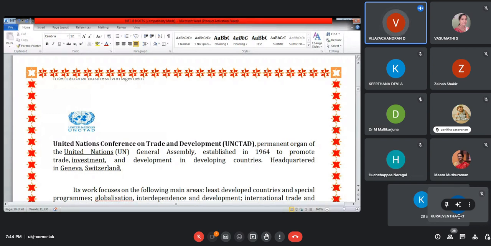Whereas UNCTAD is coming under the United Nations Organization, UNO, but the main purpose is developing countries. It will focus only on the developing countries. The generally accepted trade tariff I told, the same thing. Geneva, the headquarters is Geneva.